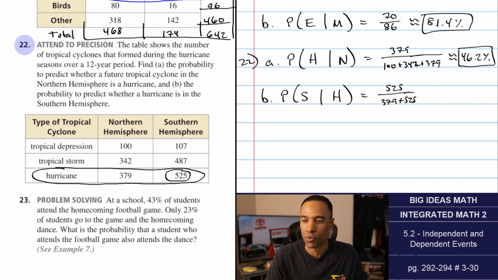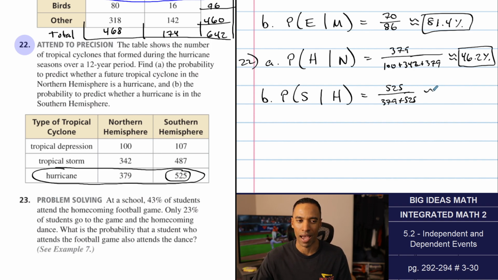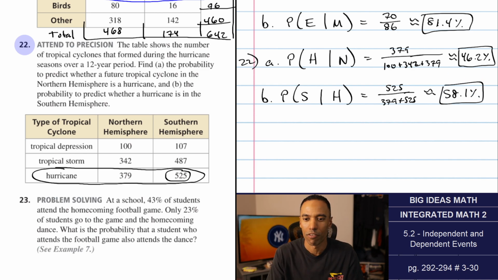I don't know, if you calculated that, I think that's what you get. It's probably worth adding those up to begin with anyway, so you don't mess it up in your calculator. But I'm giving you the math. You can figure it out from there. About 58.1% for that one. So 46.2% for the first, 58.1% for the second.